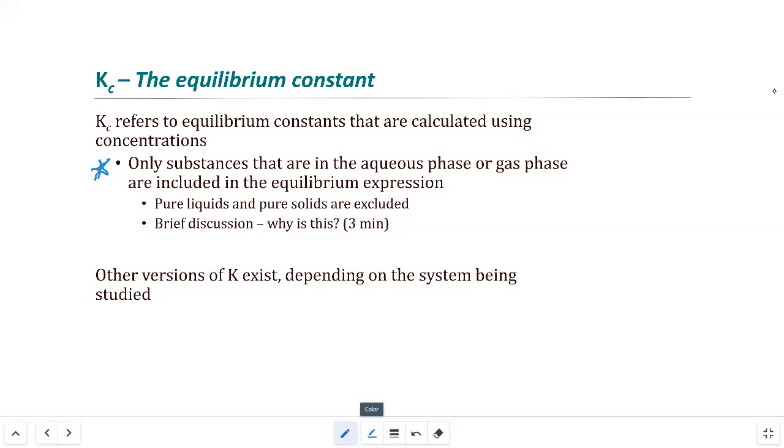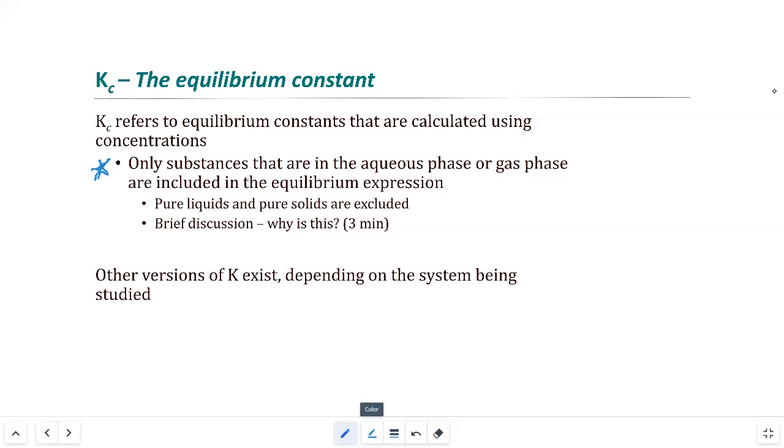What are the odds that I'm going to have anything else concentrated enough in that water to make the water's concentration change significantly upon reaction? So it's the same kind of argument. The concentration is not going to change, even if we change the reaction conditions around it. And so since it's unchanging, it's a constant. It's on the other side of the expression with the other constants as well.